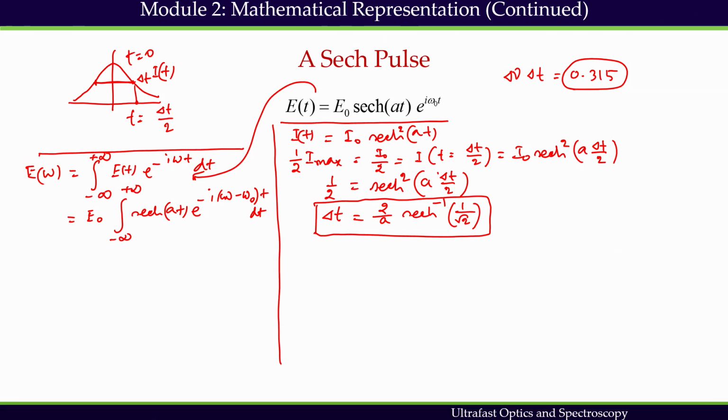The standard Fourier transform goes like this. If I have a function f of t, hyperbolic sec function of a t, then the Fourier transform of f t is going to be pi by a multiplied by sec hyperbolic of pi omega by 2a.